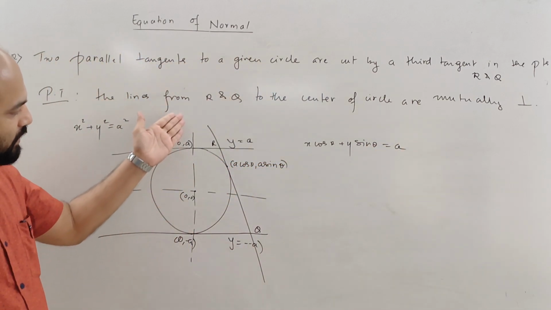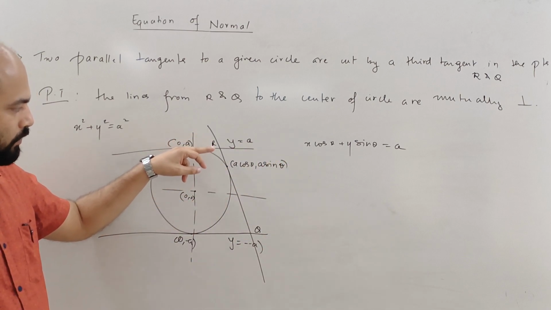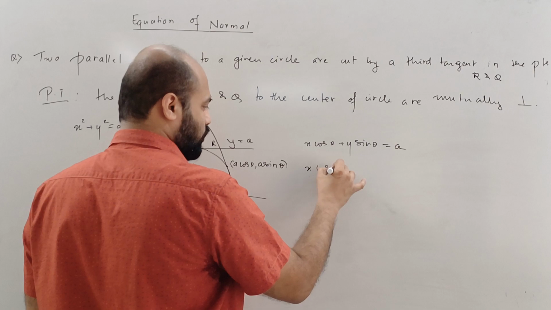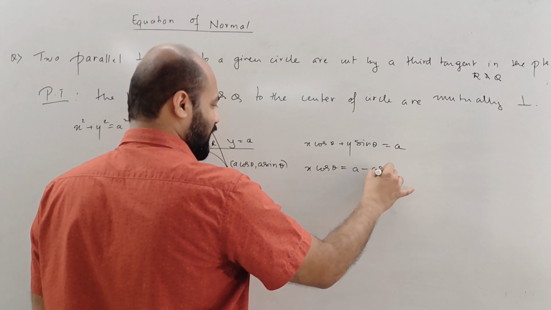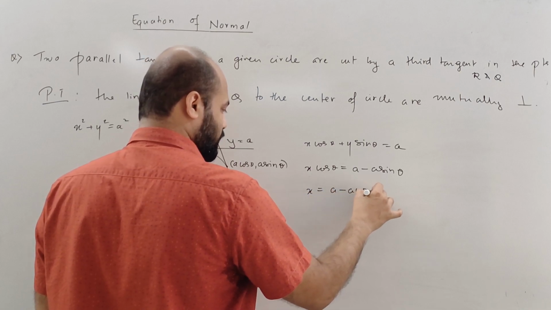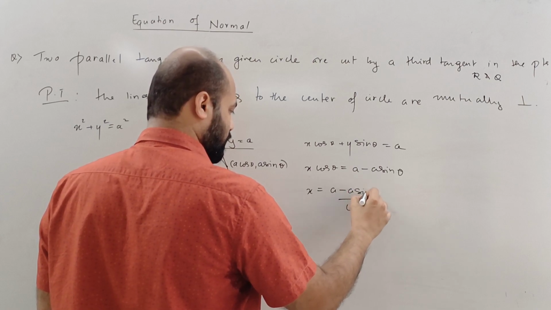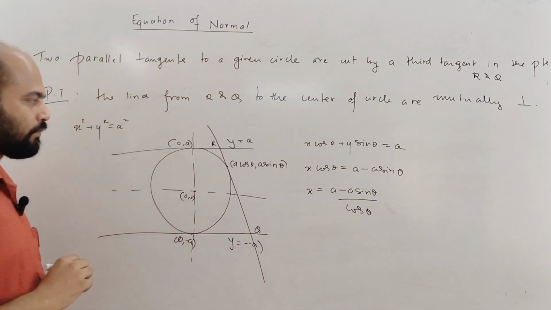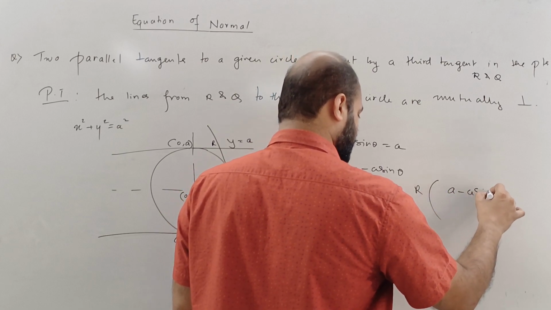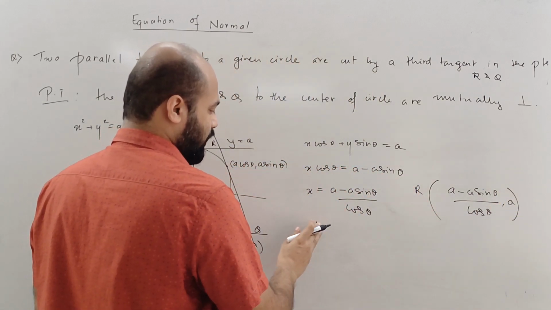Now if I want to find R, which is the intersection with y equals a, let's put y equals a. Then x cos theta is equal to a minus a sin theta, so x is (a minus a sin theta) by cos theta. So R becomes ((a minus a sin theta) by cos theta, a).